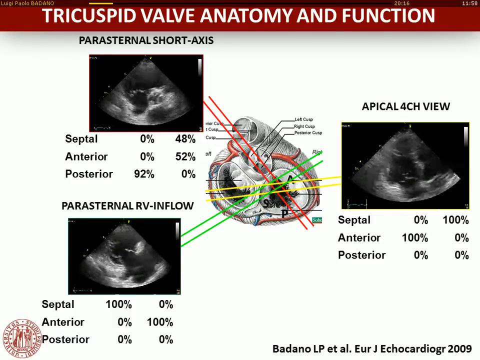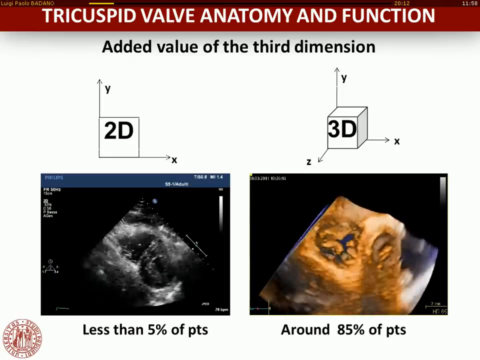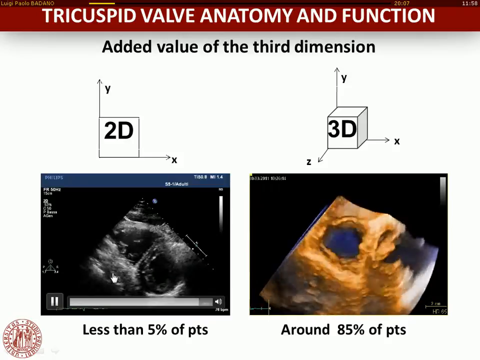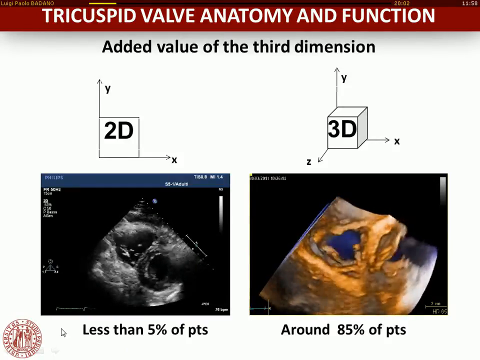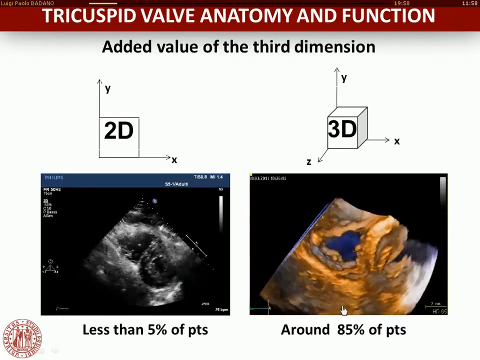But when you know it better and you approach it with 3D echocardiography, you realize that this mysterious valve, which cannot be seen en face as we usually do with the mitral and aortic valves with 2D, becomes much less mysterious.